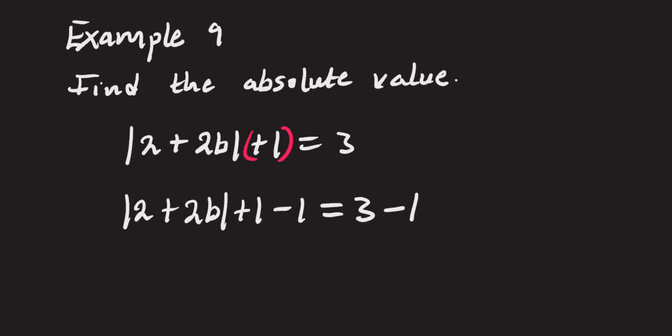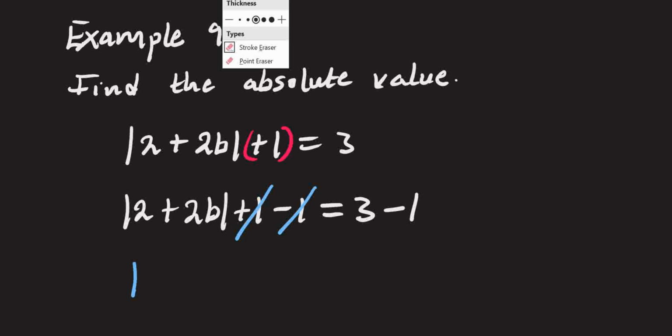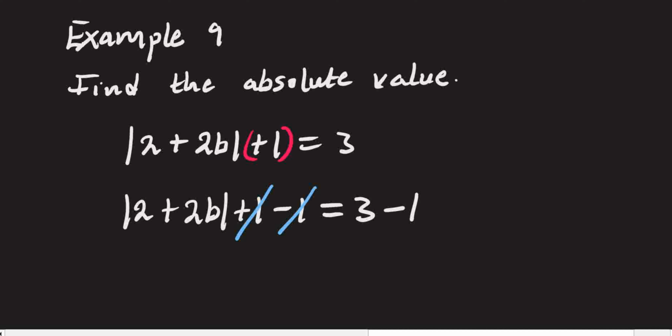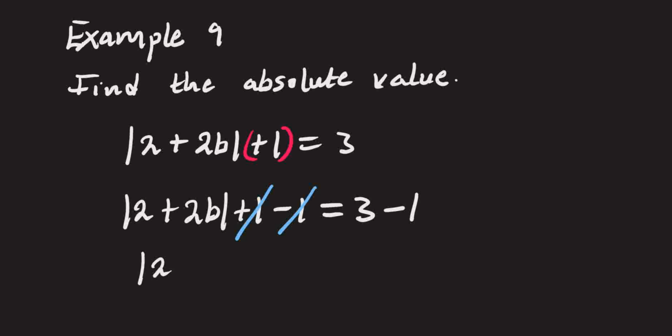And plus 1 minus 1 is 0, so we can simply cancel this from here. And now we have the absolute value of 2 plus 2b equals 3 minus 1, and that is 2.